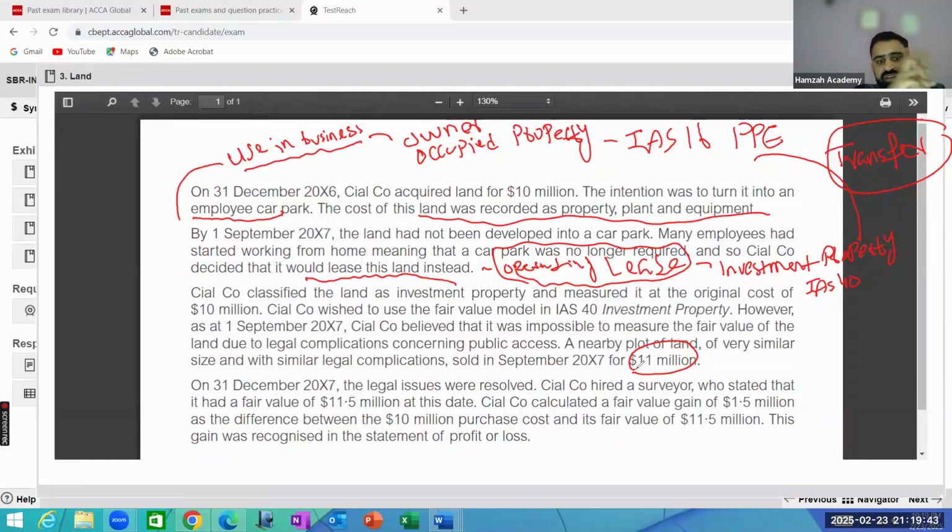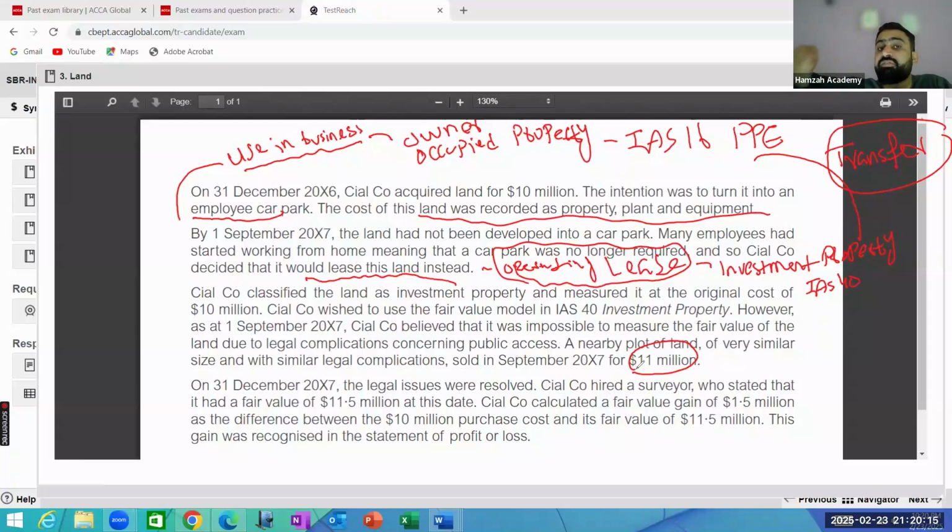It has such a strong characteristic that fair value measurement is not a problem. And it is mentioned in the question that in the same locality with the same legal dispute, there is a property which has been sold for 11 million. So that means the market participants can measure the fair value.